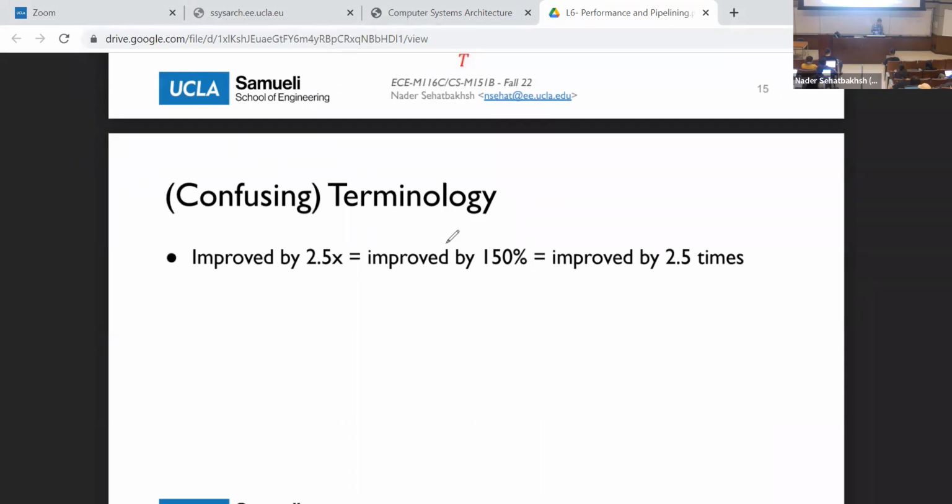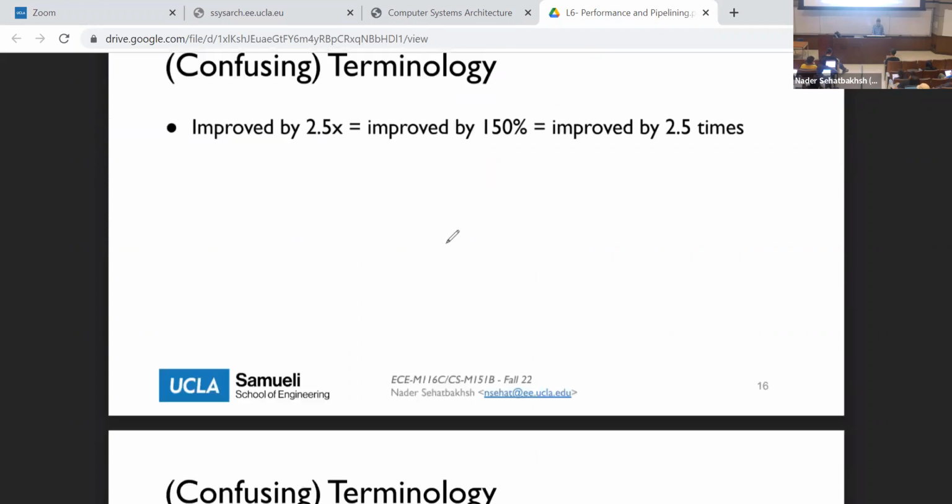First of all, if I say that something has been improved by 2.5x, it means that it has been improved by 150%. So the 150% improvement is added to the baseline of 100, giving 250%. Or in other words, if your value was 1, now it's 2.5, right?